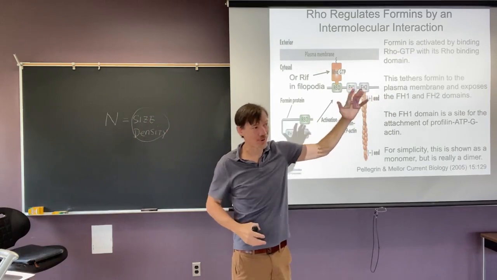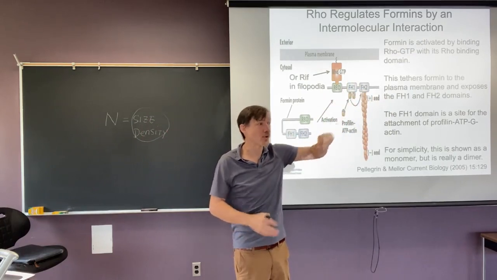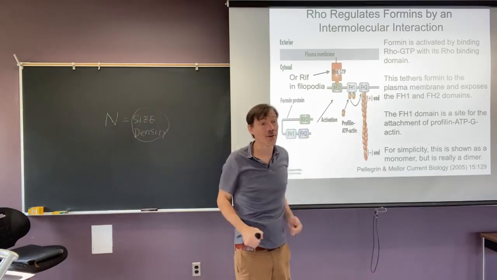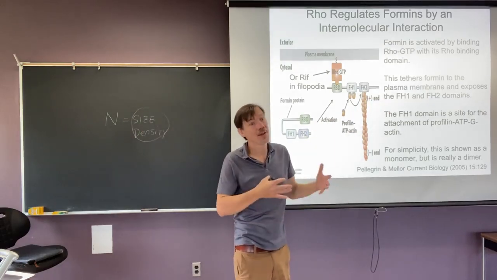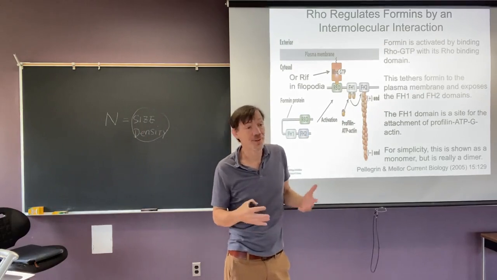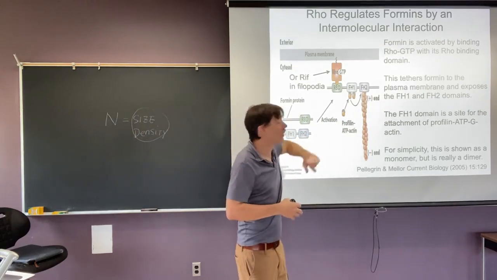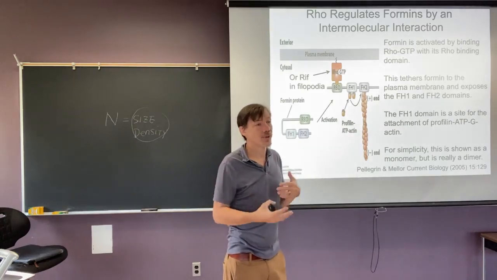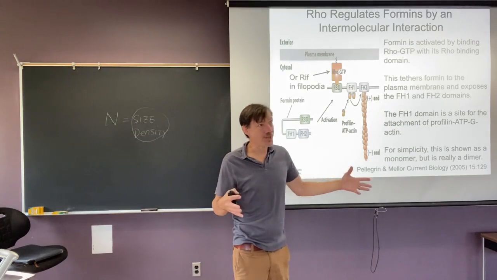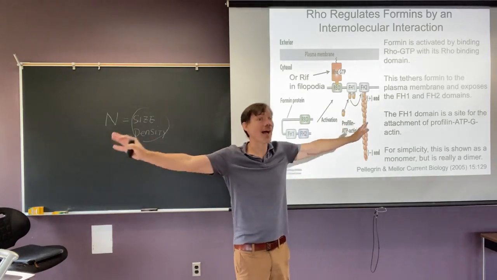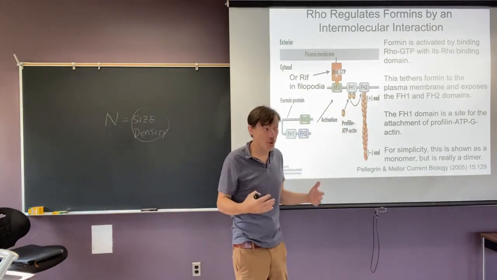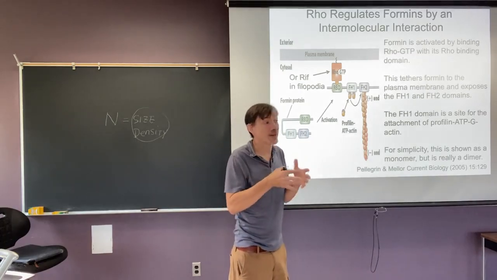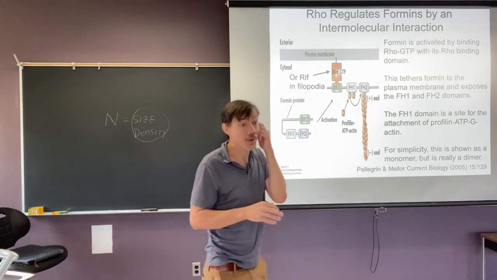But Rho is sort of, my understanding, it was discovered first, and then that became the Rho family GTPases, and then later on they discovered things like RAC, CDC42, RIF, and a lot of these other proteins that all are related to Rho. So when you hear Rho family GTPases, you're thinking of the big class of proteins. If you hear Rho, or in particular RhoA, we're talking about a specific protein, and that can be confusing sometimes for people.